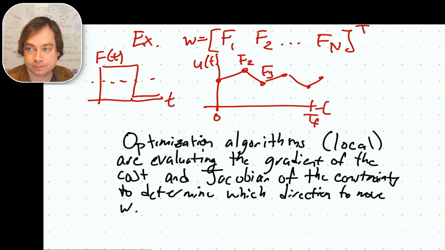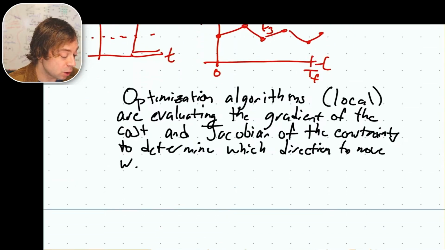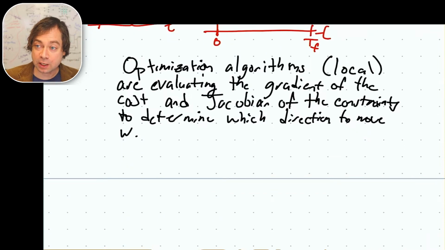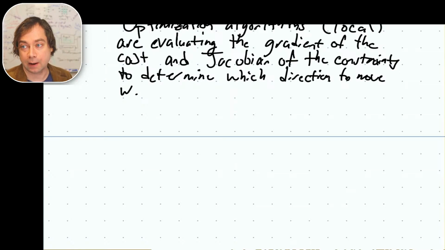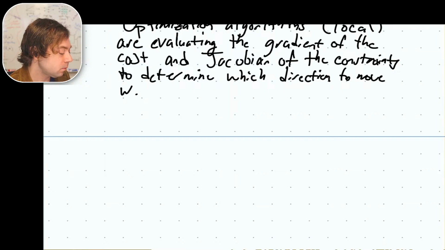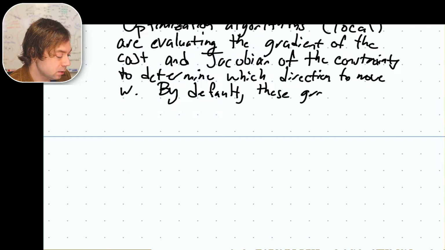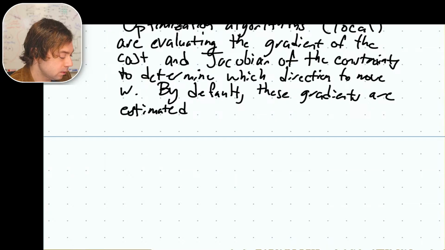If you don't tell it otherwise, it's going to use a method called finite differencing to know those gradients. So by default, these gradients are estimated with finite differencing.